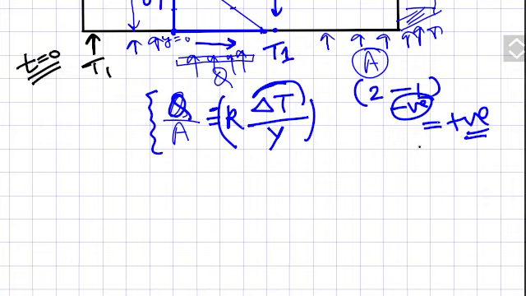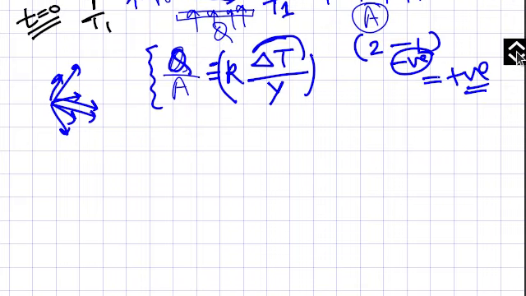Now we will write this formula for 3 directions. It was only for one direction, but if a point source is there and it is giving you heat like this, then heat goes in all 3 directions, x, y, z. So for that purpose there is the 3D form of this rule, and it is Fourier's law actually.